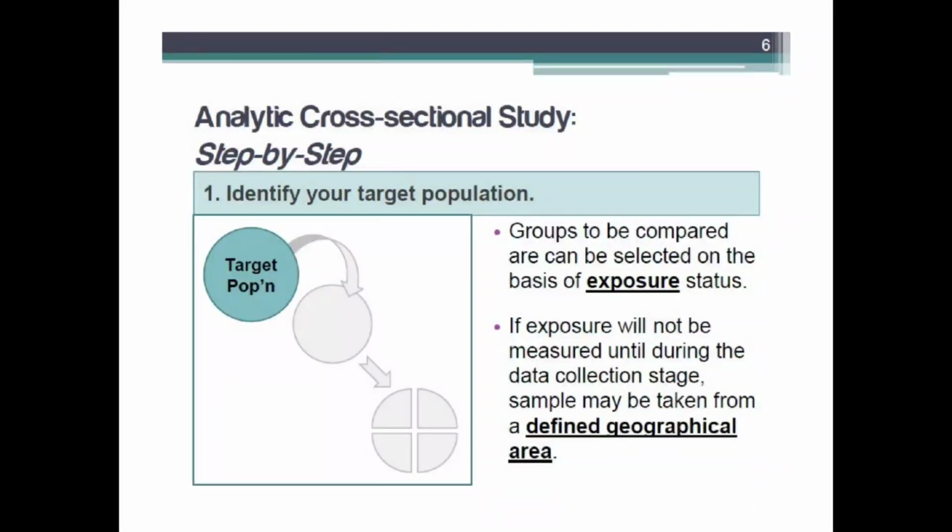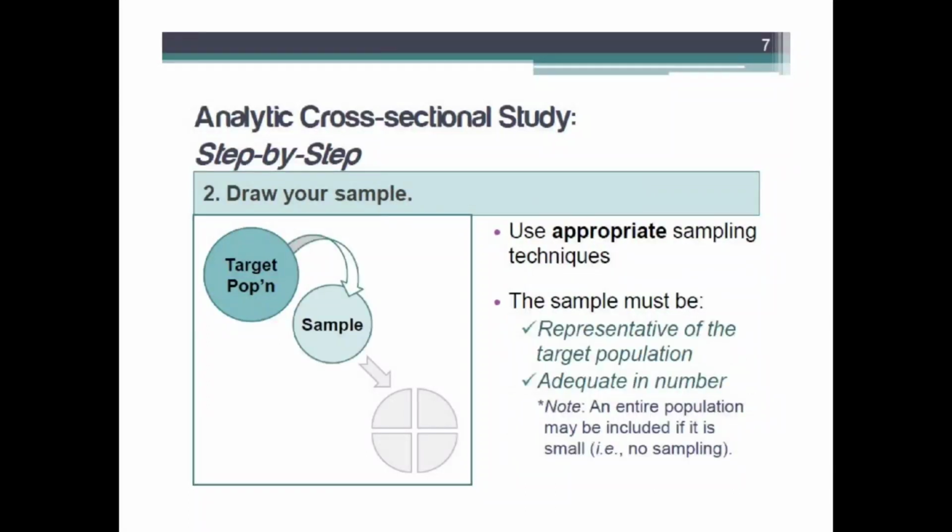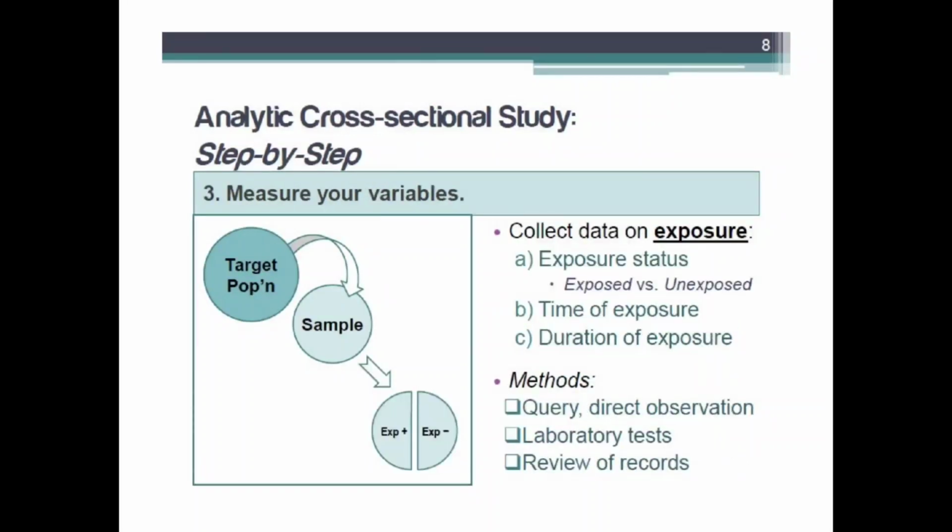So, number 1, syempre, you need to identify the target population or yung sample na gagamitin mo. Okay? And then, number 2, syempre, ano ba yung mga sampling techniques na ginawa nila. Okay? And then, number 3, you collect the data on the exposure.